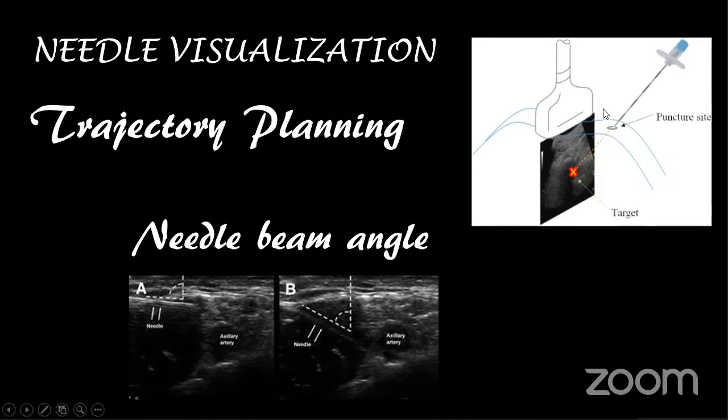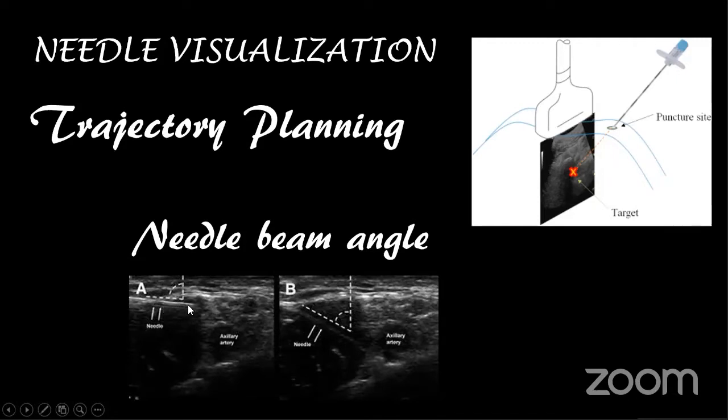Now, how to decide at what angle to keep your needle with the probe so that you are able to visualize the needle adequately? The physics behind it is that whenever the angle between the probe and the needle is nearing 90 degrees, the needle will be visualized very well.